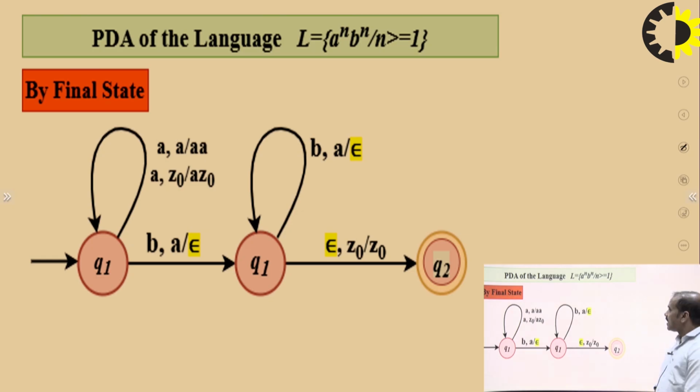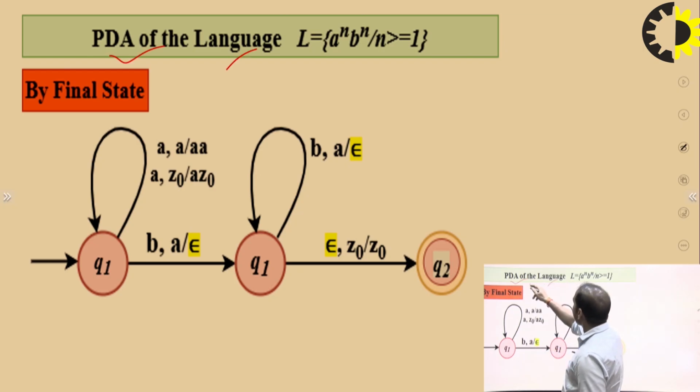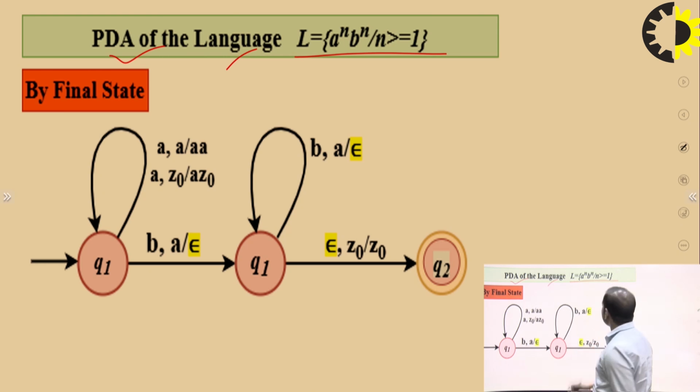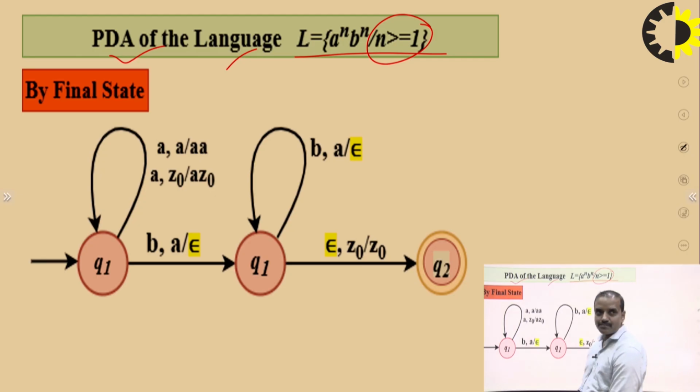As we know, for a given question we have taken an example: design a PDA for the language A power n, B power n, where n is greater than or equal to 0. We can't design a finite automaton for this language because this language is not accepted by a finite automaton. But this language can be processed by a PDA designed for it.